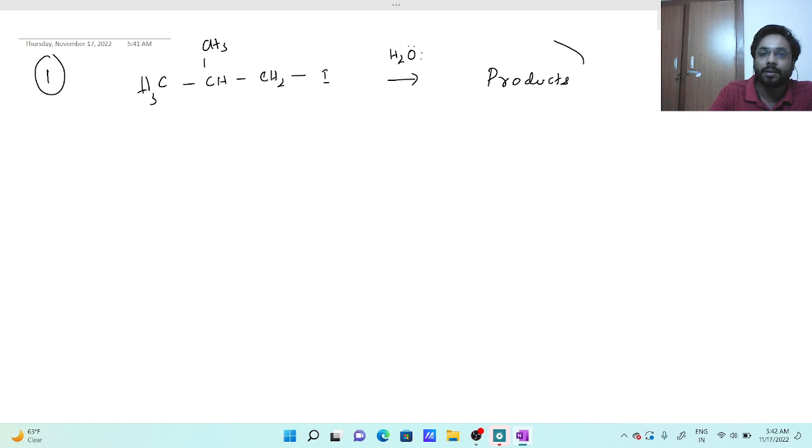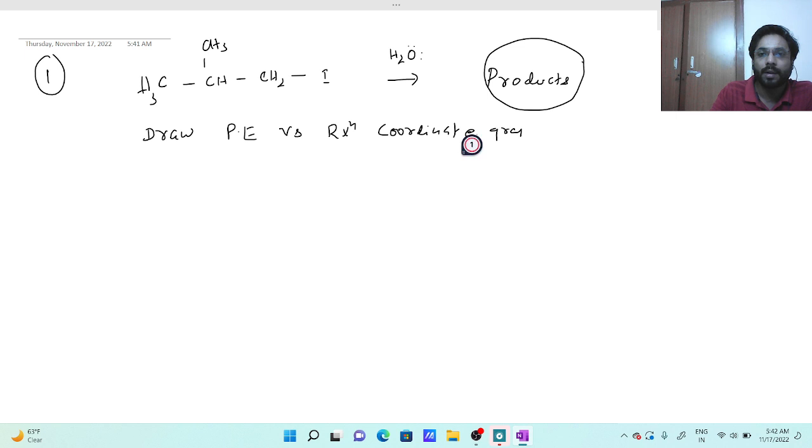We'll get two products. So we have to draw the potential energy versus reaction coordinate graph.